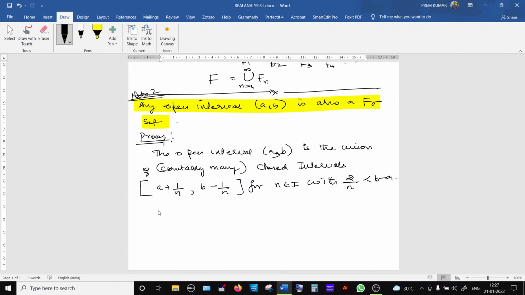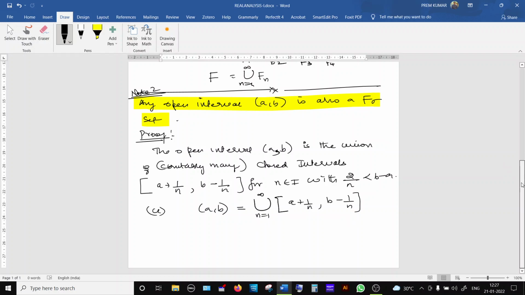So this open interval can be written as the union of all intervals of this type, closed intervals. It is like this, where n varies from 1 onwards, a countable collection of closed intervals.